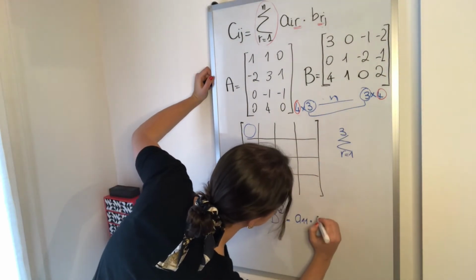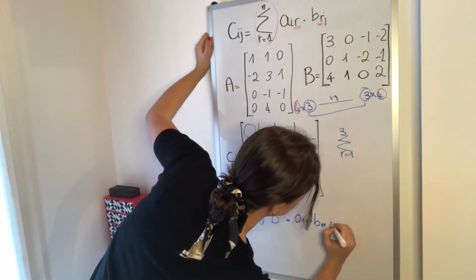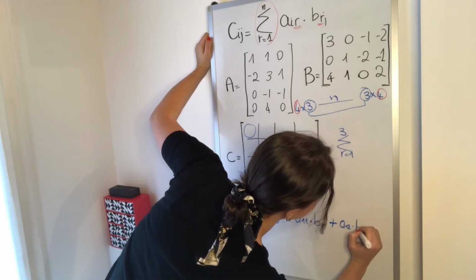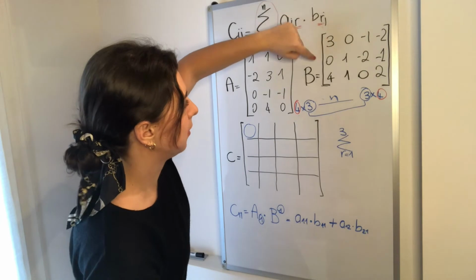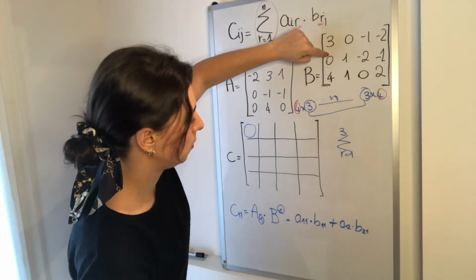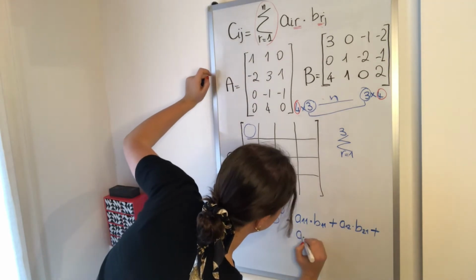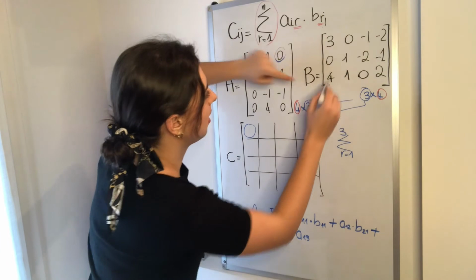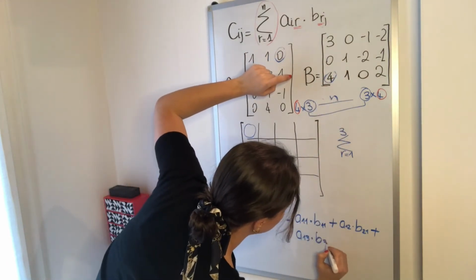A11 by B11 plus A12 by B21, sorry, this one, B21 plus A13, this, by B31.